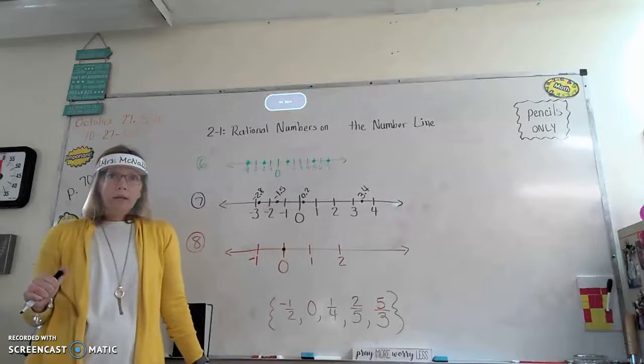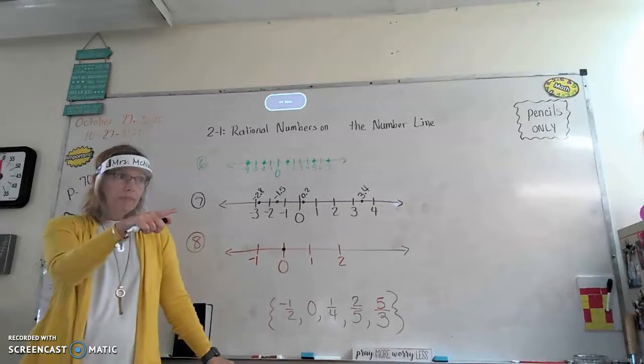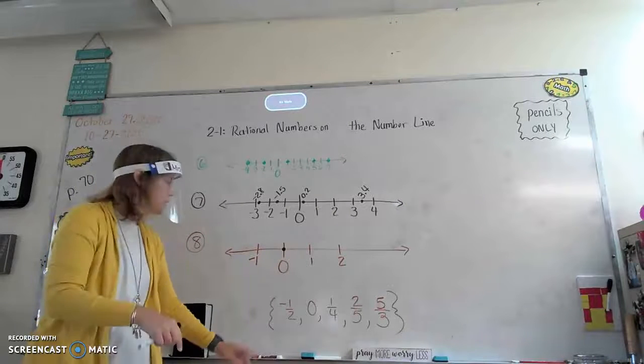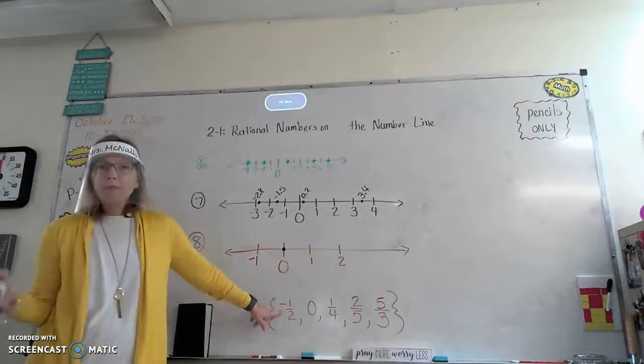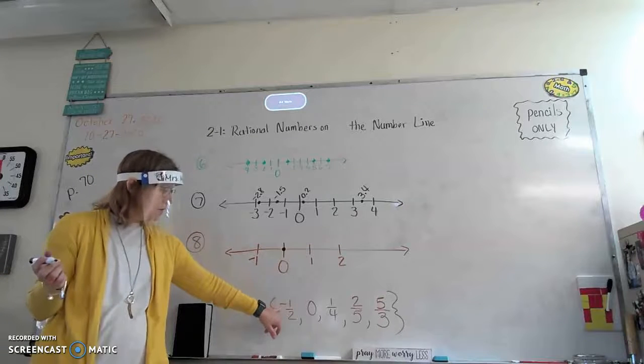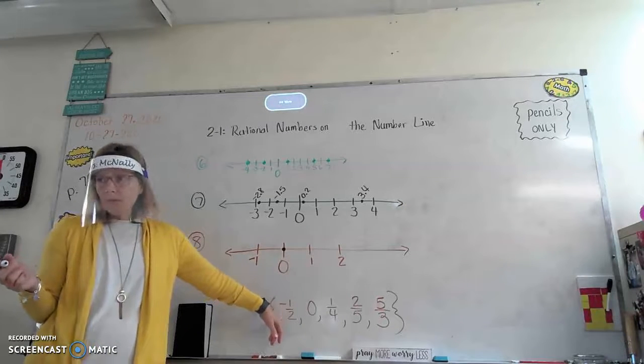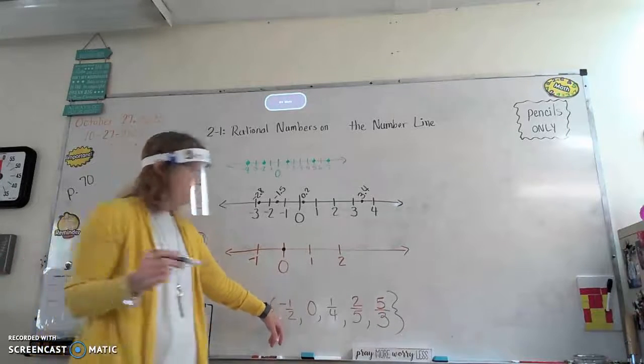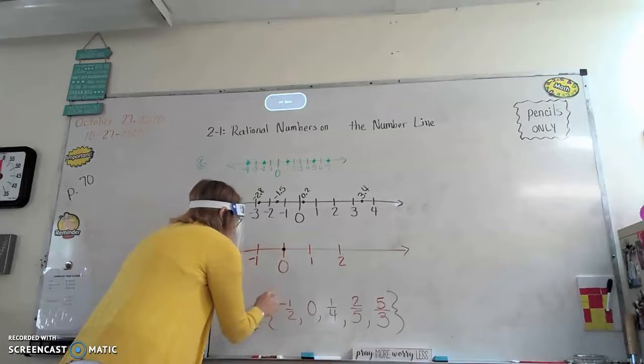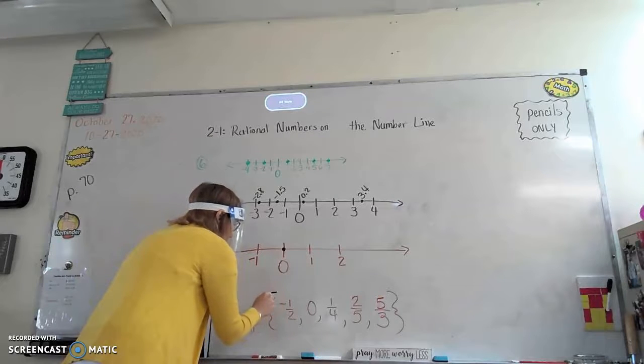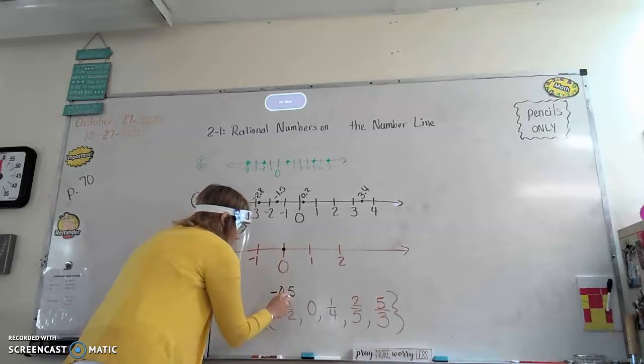Top number divided by the bottom number. Remember, fraction means division. So in your calculator, you could put negative 1 divided by 2. Somebody tell me what it is. Negative 0.5. Thank you.